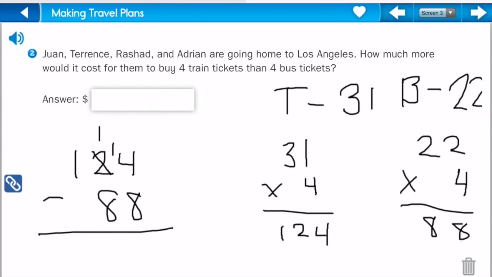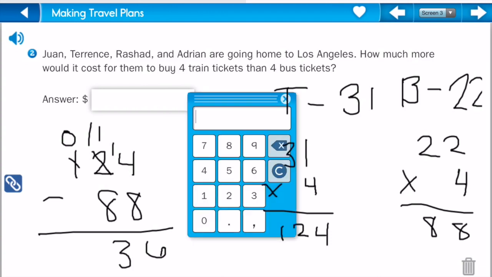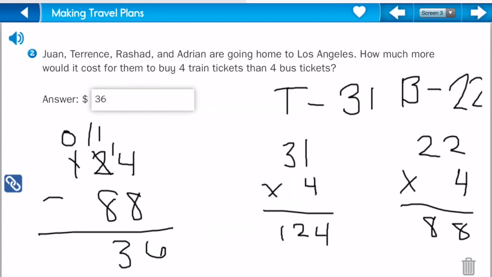Yep, 6. Can we take 8 away from 1? Nope, so we gotta borrow. It's 11 minus 8. 3. So our answer would be 36. Our answer is it costs $36 more.